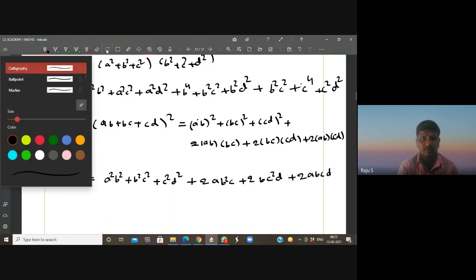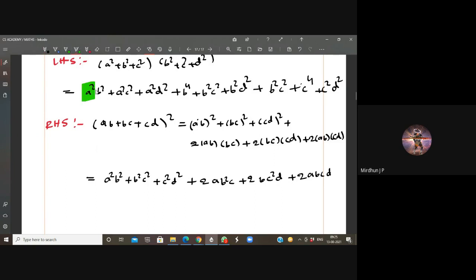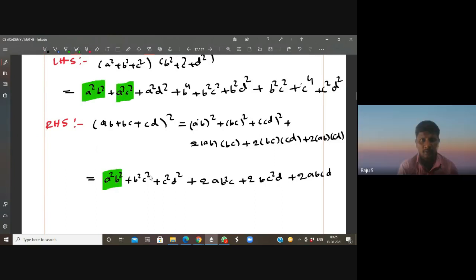Now compare. We have A square C square, but we don't have A square D square here. Oh, sorry, it is B square D square. Yes, B square D square, and here also B square D square is there, and C square D square, one C square D square is there.